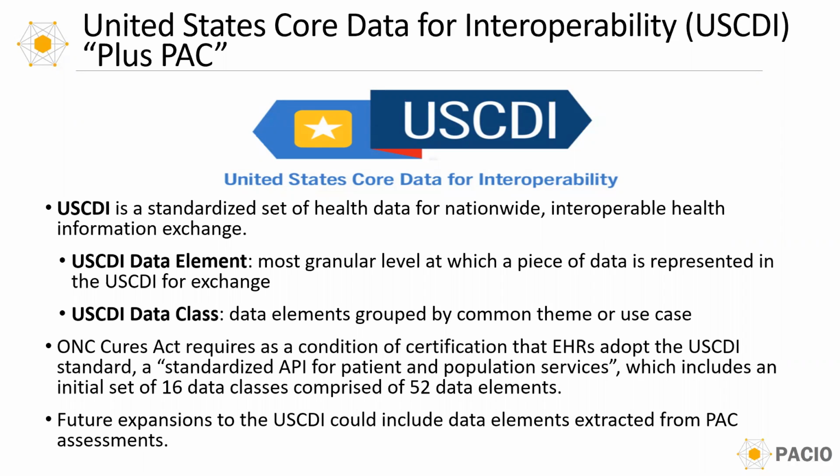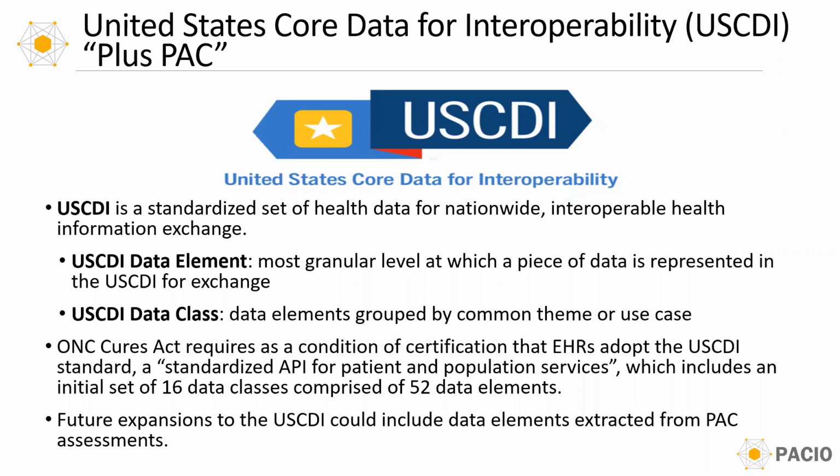As I mentioned in the previous slide, the United States Core Data for Interoperability, or the USCDI, is a standardized set of health data for nationwide interoperable health information exchange. The USCDI includes a series of data elements, the most granular level at which a piece of data is represented in the USCDI for exchange, and their component data classes, which are grouped by common theme or use case.